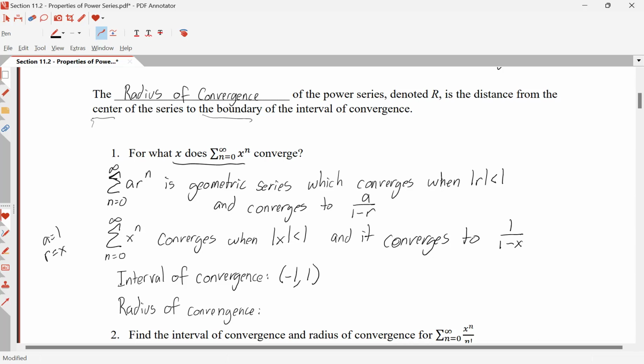The center here, if I rewrite this, is 0. And so the radius is from 0 out to one of these boundary points, -1 or 1. Whichever one we go to, from 0 to 1 or from 0 to -1, that is a distance of 1. So the radius of convergence is r equals 1.